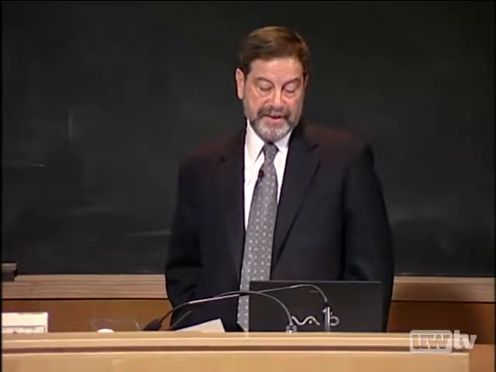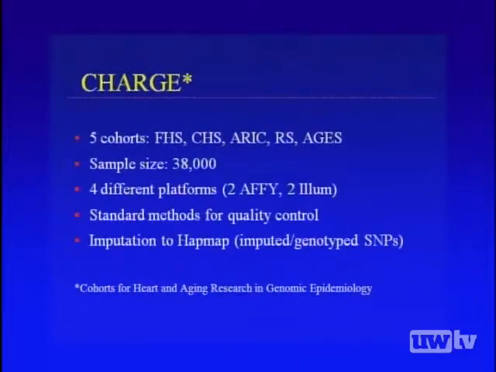And I want you to know that CHARGE, which stands for Cohorts for Heart and Aging Research in Genomic Epidemiology, and the University of Washington has been a major player in this effort, but it's not the only player, and there are over 300 investigators involved in CHARGE, and CHARGE is really now CHARGE Plus. There are probably many other folks involved in CHARGE other than those 300.